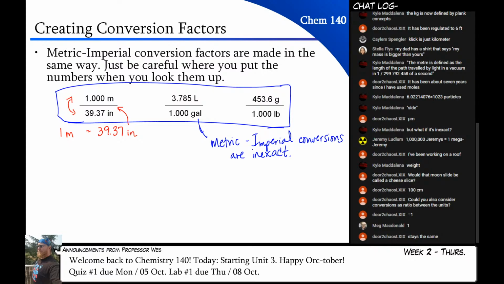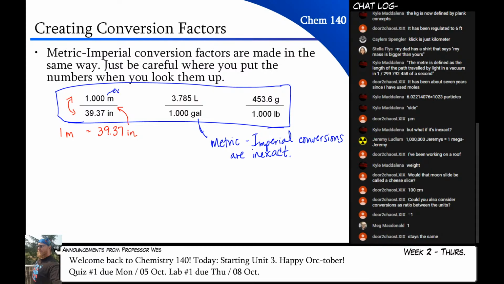And the reason for this is because one of these is held as the absolute value. In exactly 1 meter, or in exactly 1 gallon, or in exactly 1 pound, and we use that as the benchmark. And then we see where the benchmark falls on the other scale. And the answer is it always falls somewhere between 2 lines.